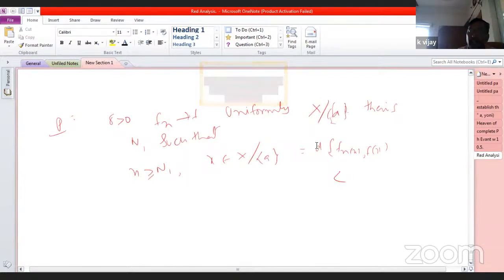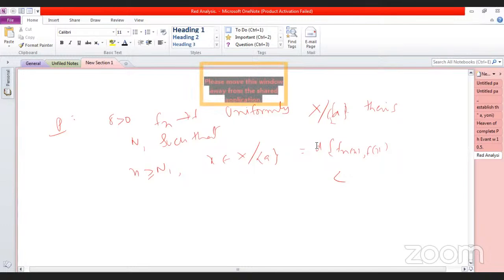It is less than d of f of x and f of x, less than delta by 3 or delta by 2 or delta by 3?